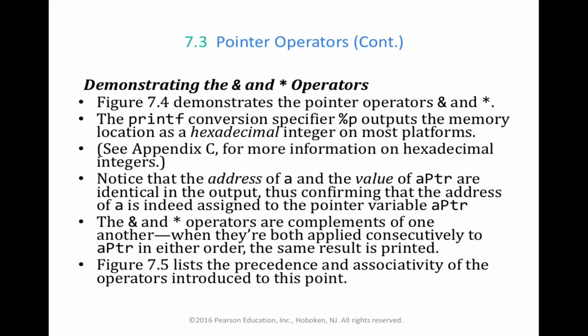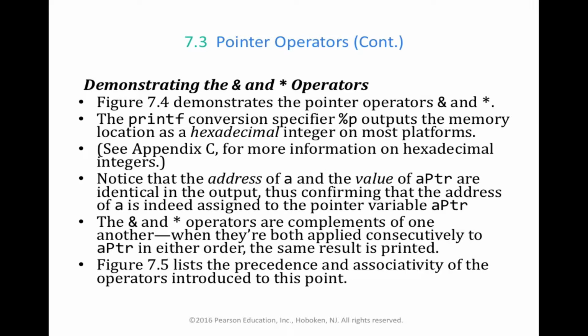So we're going to take a look at a program here that demonstrates the pointer operator, the address operator, and the dereference operator. The printf conversion specifier %p is designed to print memory addresses as hexadecimal integers on most platforms. If you want to learn more about hexadecimal integers, you can find that in Appendix C. I know we've talked about that before.